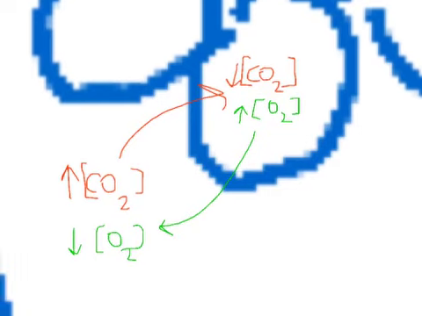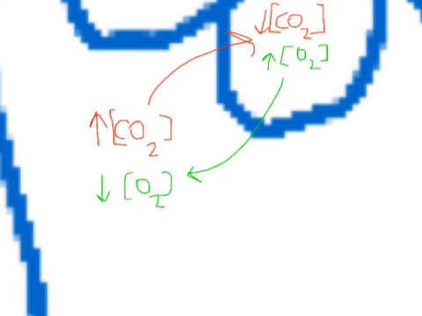As a result, we notice that there's a gradual decrease in carbon dioxide as it diffuses through. I should draw that as a bigger line. So therefore there's a decrease in carbonic acid.